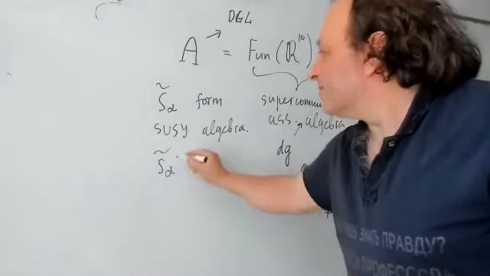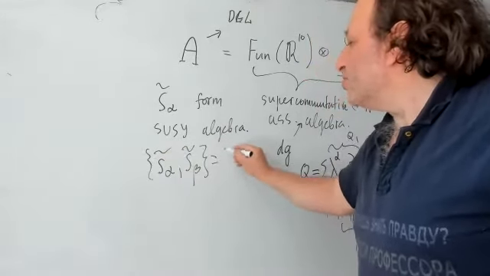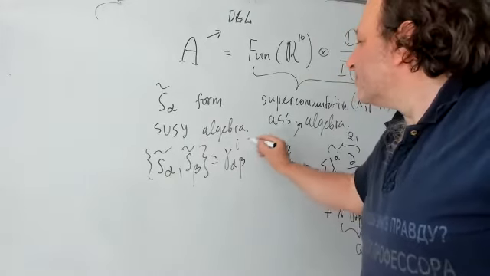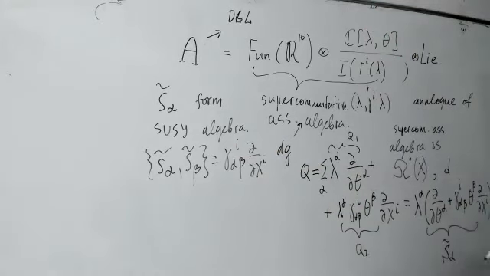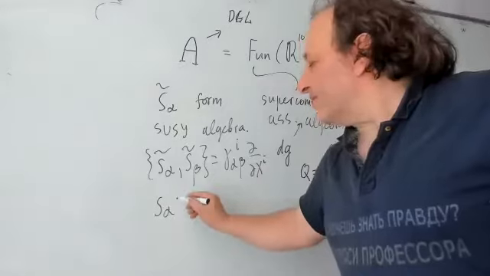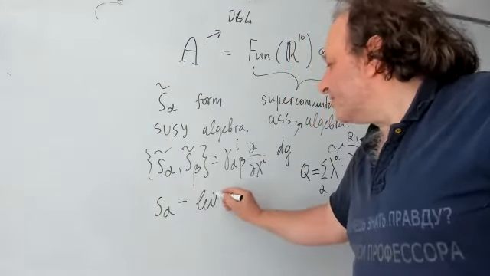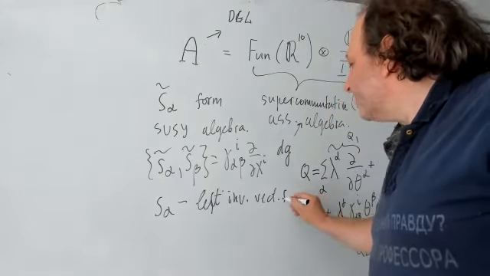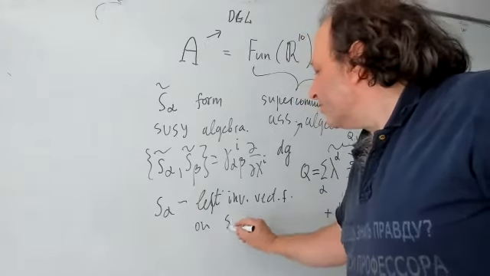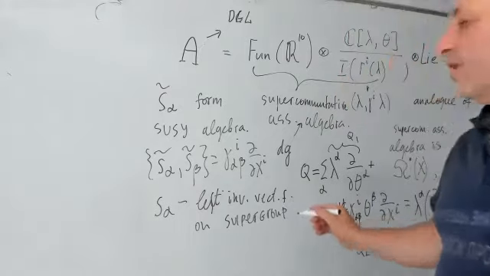It means that they supercommute, just as these elements. And it is not a surprise because this S alpha may be considered as left invariant vector fields on a supergroup.